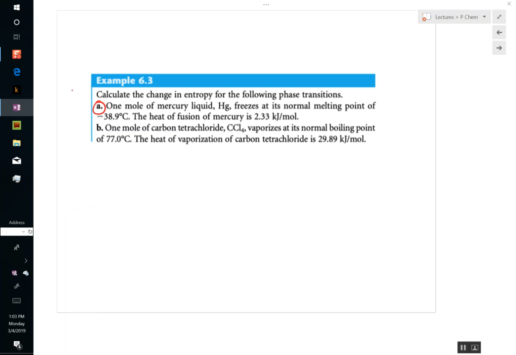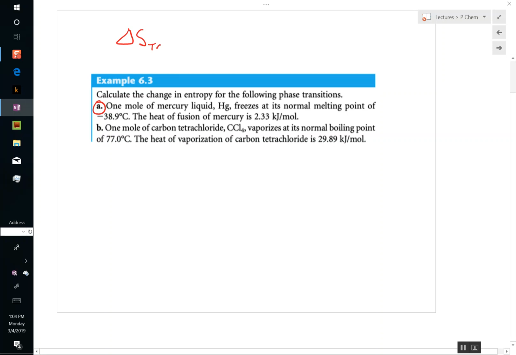Calculate the change in entropy for the following phase transitions. And let's not worry about B. Let's just worry about A. We've got 1 mole of mercury. Let's get this equation back up here again.